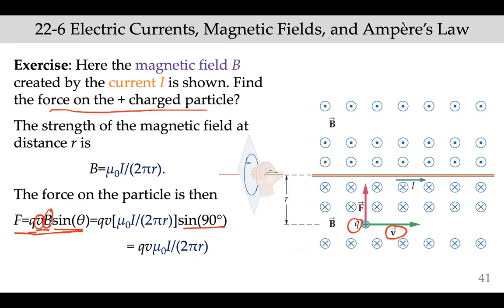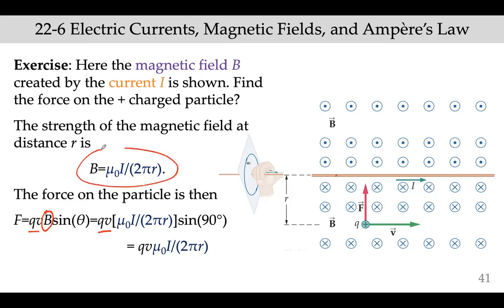Now, what is that B? So let's keep q and v here. Now that B is the magnetic field created by this wire. And for that, the magnitude of it is given by this formula. So instead of B, we will substitute this part. So it will be mu0 I divided by 2 pi r. So again, sine 90 degrees is just 1.